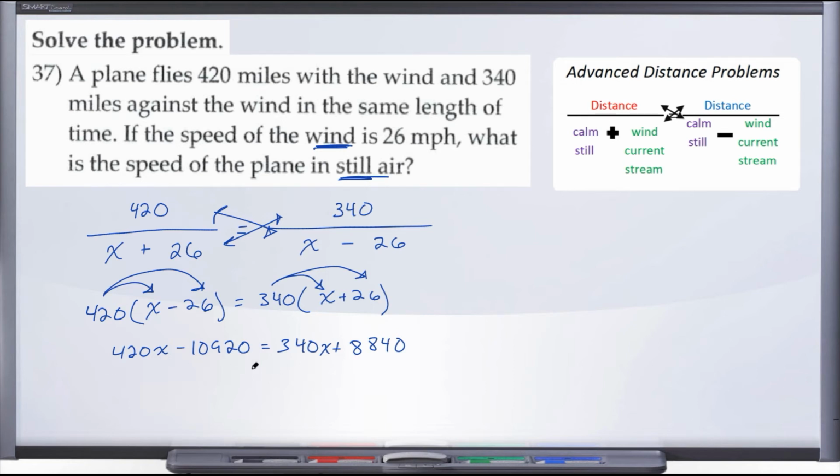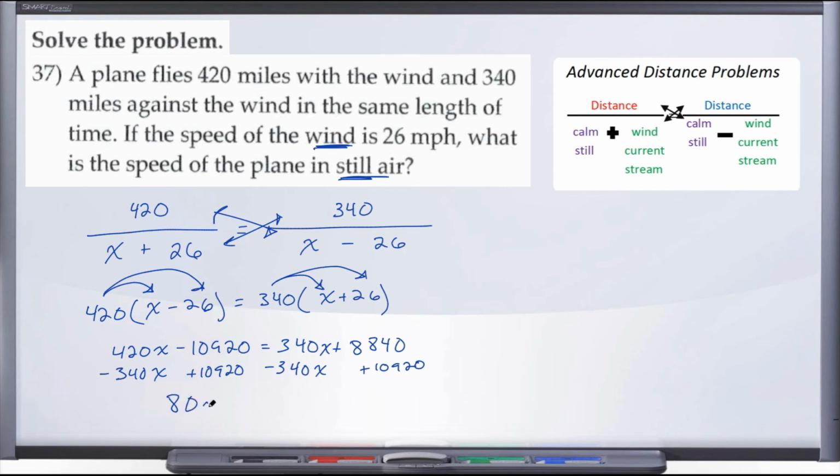And now we have a linear equation here, so let's go ahead and solve for x, meaning get x on one side and everything else on the other. So we can start by subtracting 340x from both sides. And at the same time, let's go ahead and move this 10,920 to the other side by adding it. So 10,920 on both sides. And so now we have 420x minus 340x.